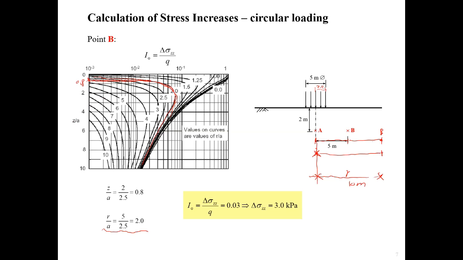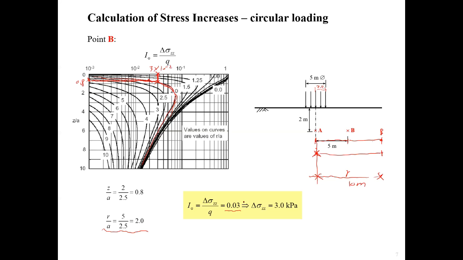Then you draw a horizontal line to intersect the R over A line, then draw a vertical line down to the horizontal axis. That gives you the value, roughly 3 times 10 to the power of -2, so 0.03. That's the influence coefficient.